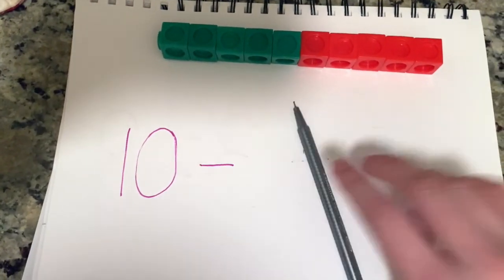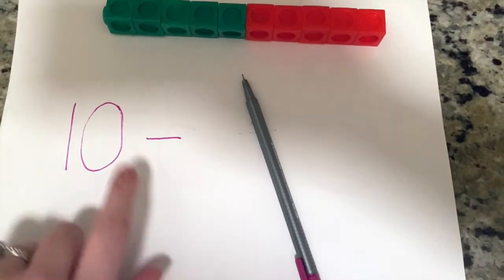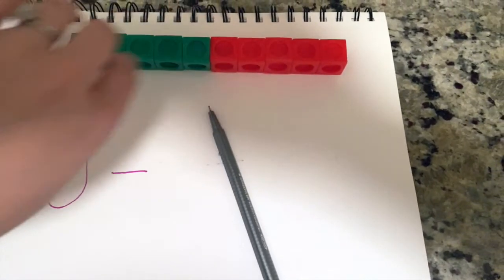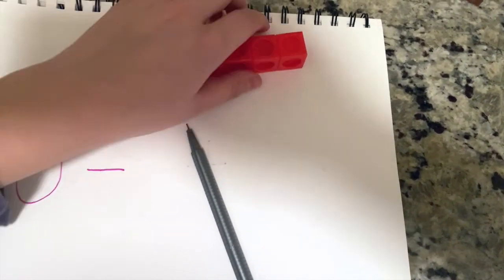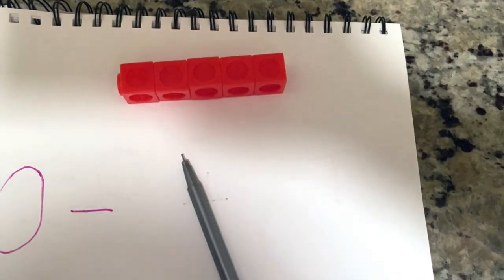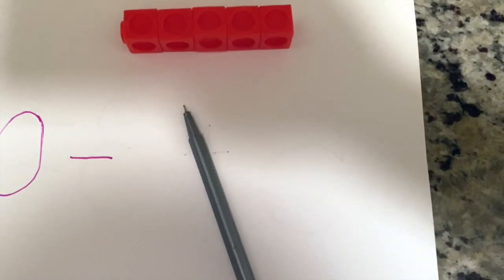So we're doing 10, and what we're going to minus, so what we're going to separate from these Unifix cubes, are the red cubes. Cubs, I want you to tell me, how many red cubes did we just separate?